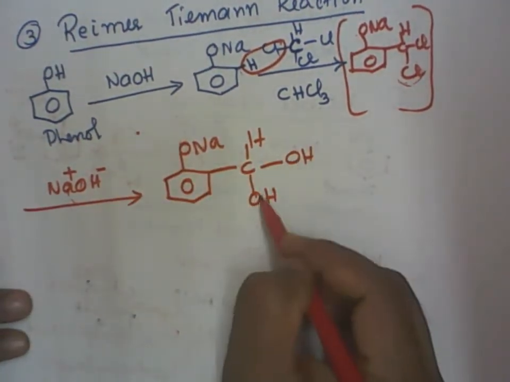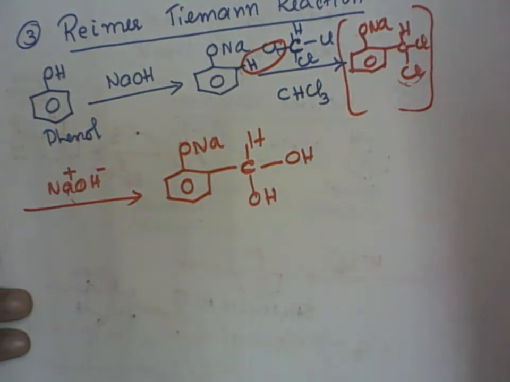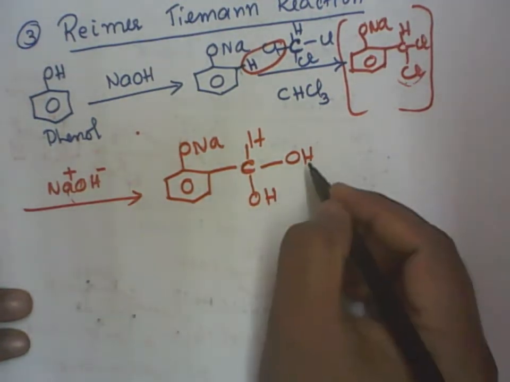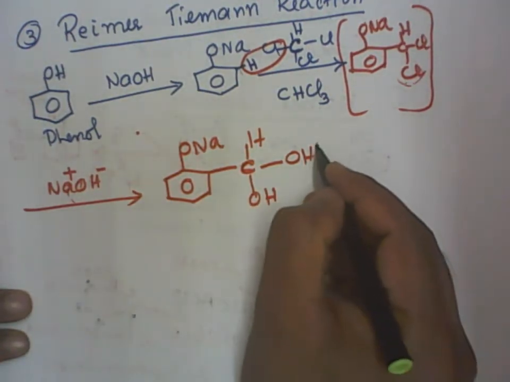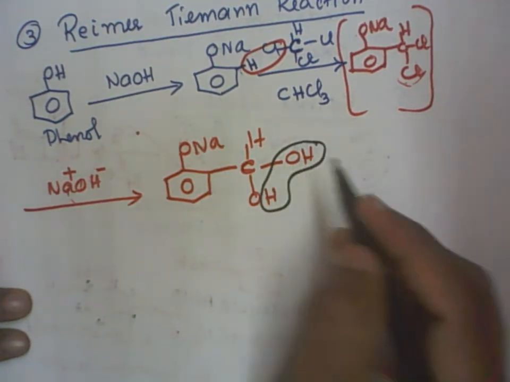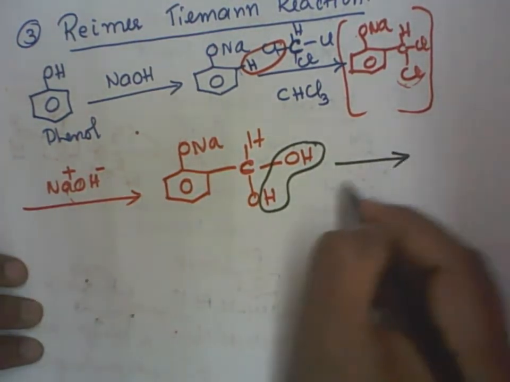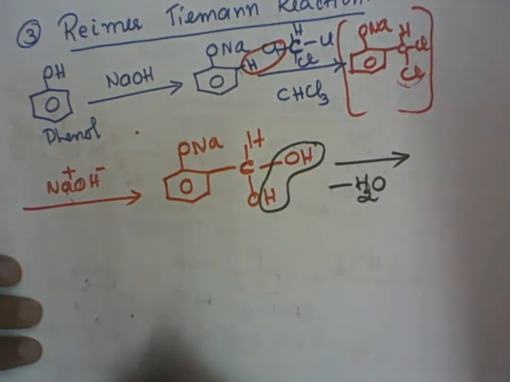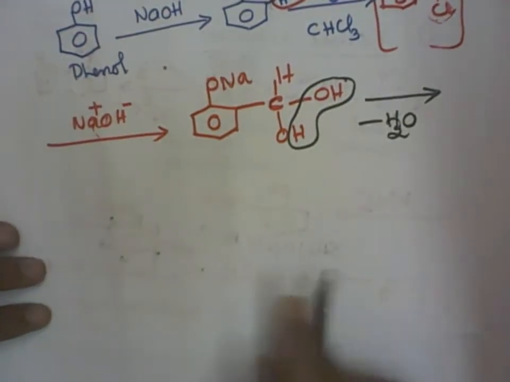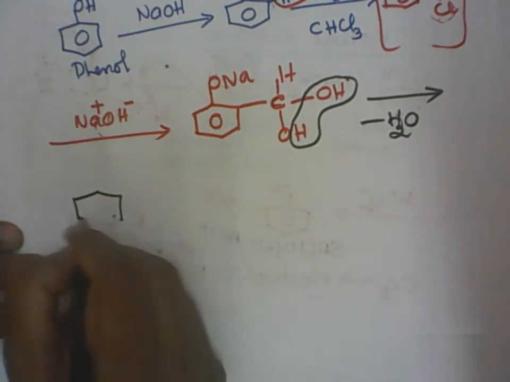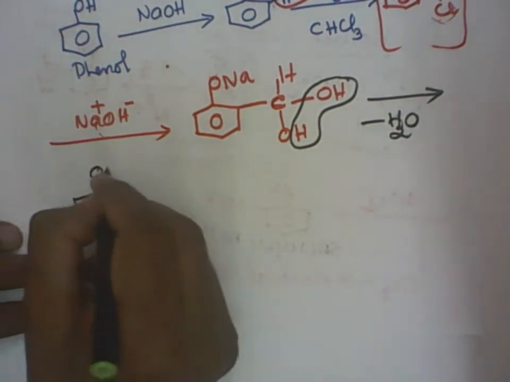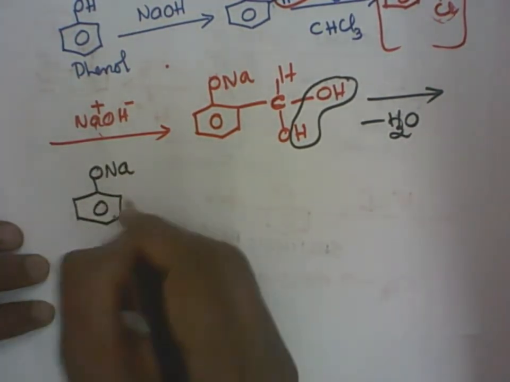Whenever there are two OH groups on the same carbon atom, that is an unstable group, and it tries to lose a water molecule. So dehydration takes place. It loses a water molecule to give the benzene ring attached to ONa, then CHO.